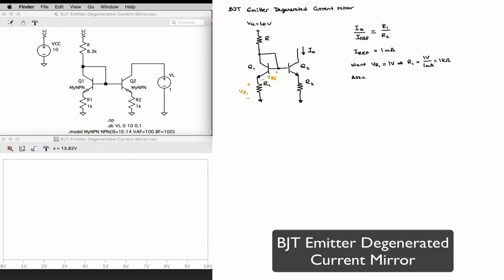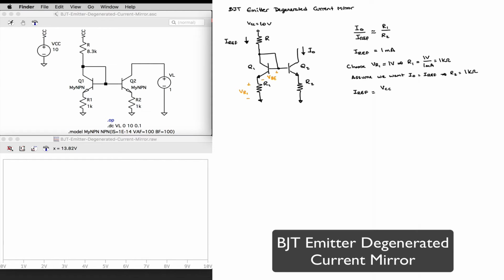And let's assume, instead of want, I'm going to say choose, and assume we want Iout to be equal to Iref. In that case, R2 will also be equal to 1 kilo ohm. So the resistors will be equal to each other, so that the ratio will be equal to 1.